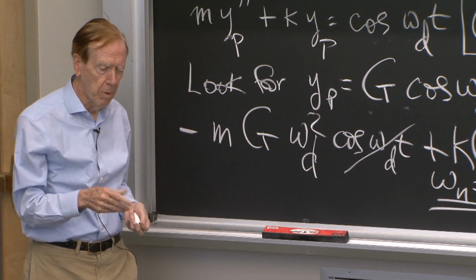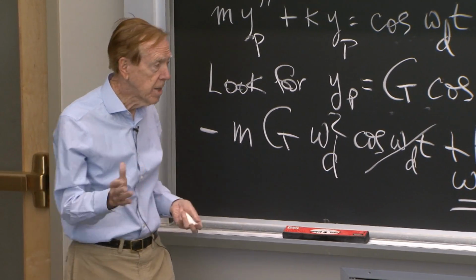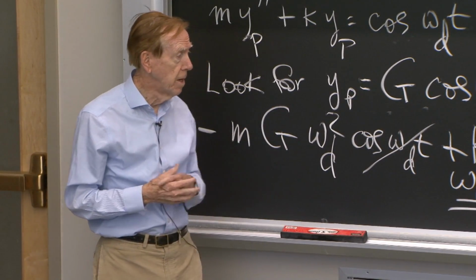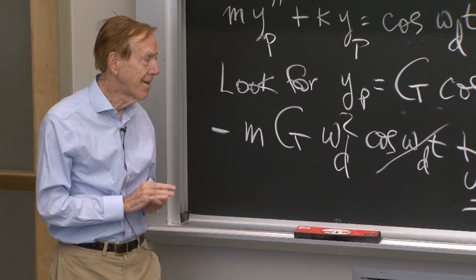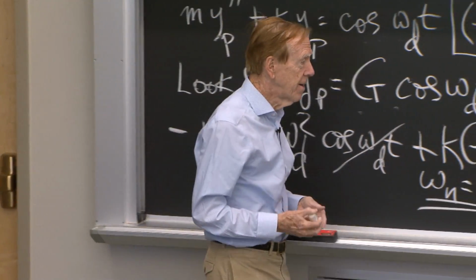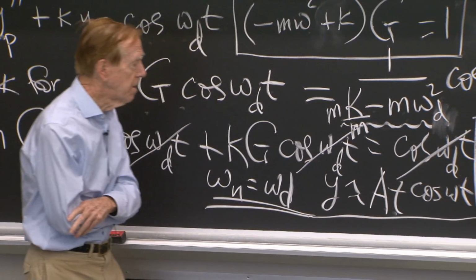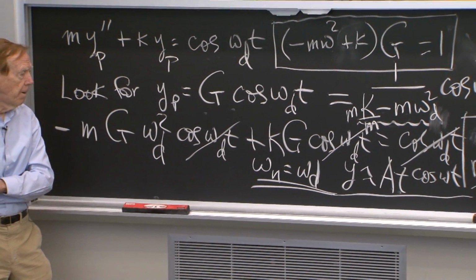It was swaying. People could not walk across. They couldn't keep their balance, so they had to change it. So it's not trivial to anticipate.